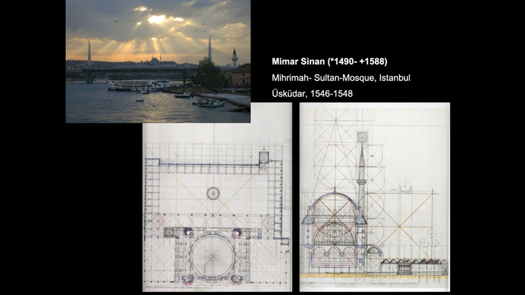Well, he lived from 1490 to 1588, an epoch called, in the center of Europe, the Renaissance. Mimar Sinan realized a lot of mosques, but he was also responsible for profane buildings like bridges or the fortresses of the army.